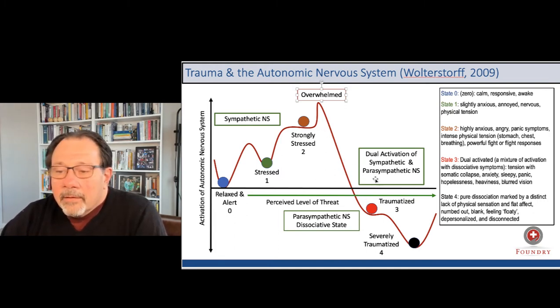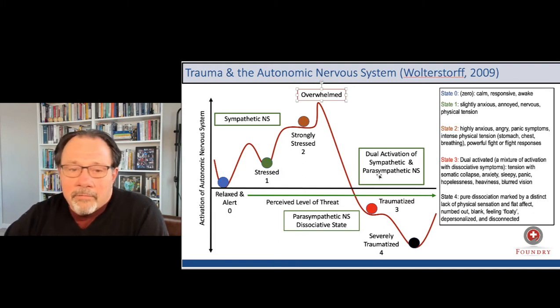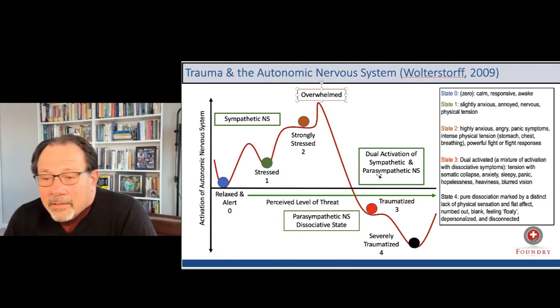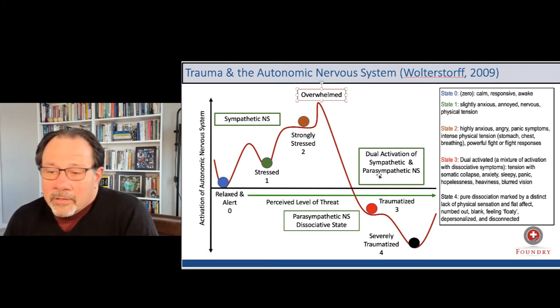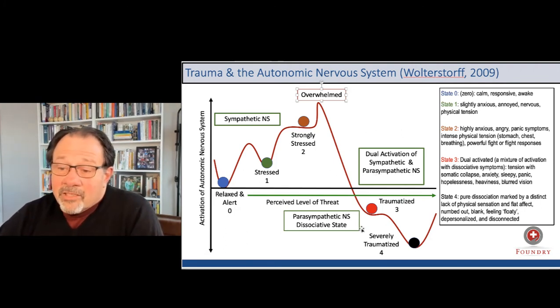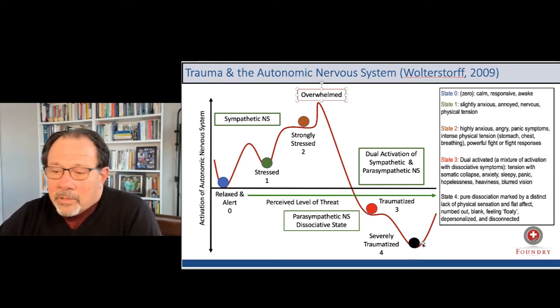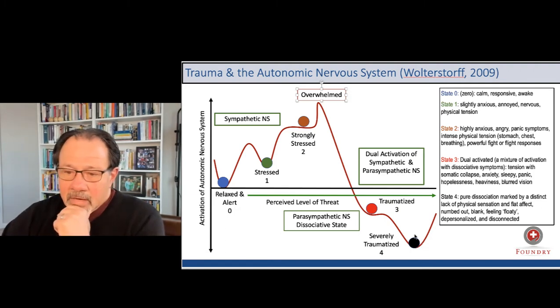And then it's really the activation of the dorsal vagus nerve and the parasympathetic nervous system that takes us into a state of dissociation, the point at which trauma is being experienced within the system.